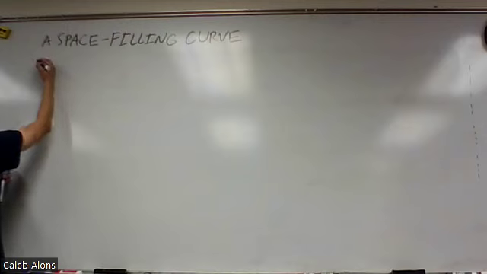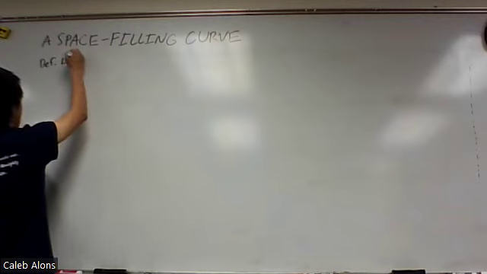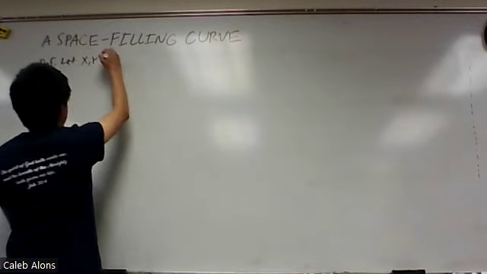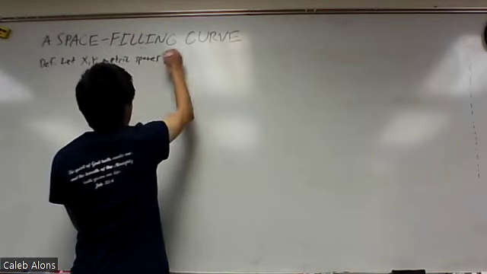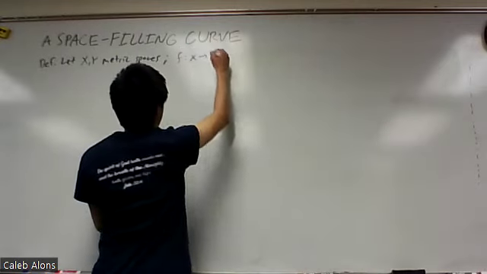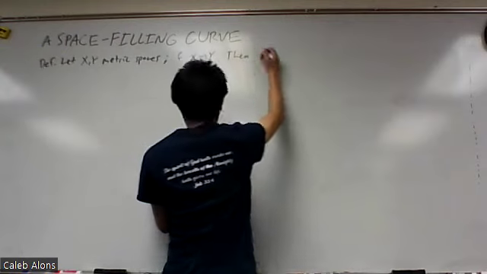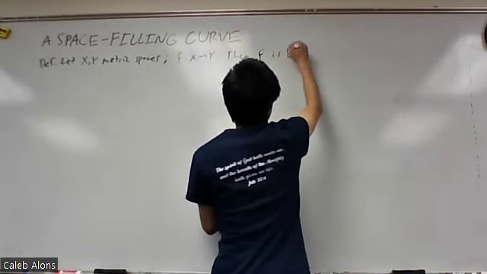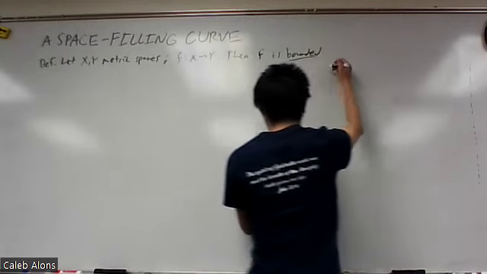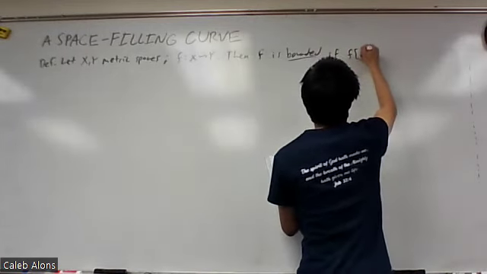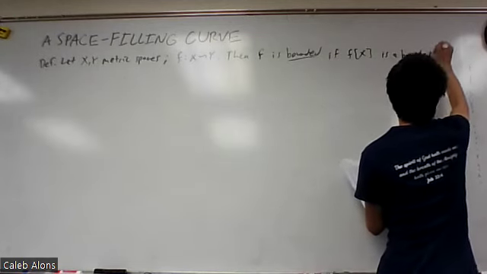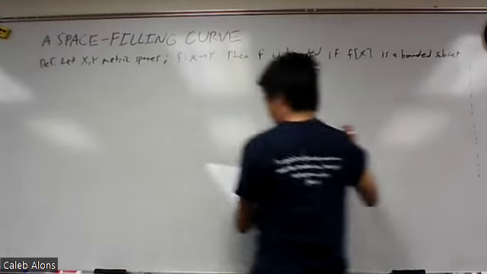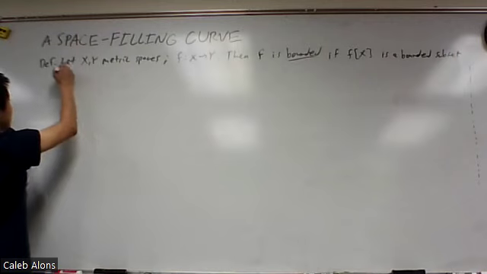Two more little things, and then we can actually start the topic. If I have X and Y as metric spaces, and I take a map f from X into Y, I say that f is bounded if the image of the map is a bounded subset of the metric space that you're going into.